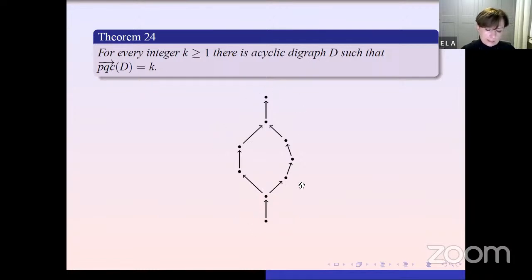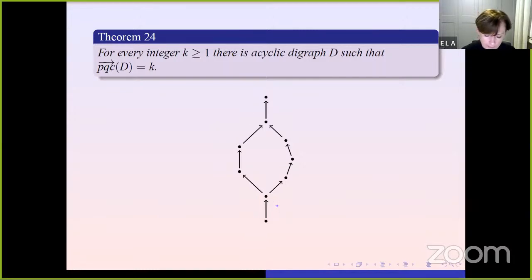So first we start with such a digraph. The proper connection number of this digraph is 3, because let's try to color the arcs of this digraph. We show that we must use more than 2 colors. The first arc we can color arbitrarily. Next, this arc must be colored with another color, because this is the only path from this vertex to this one. This arc can be colored with 1, but we cannot use the same color.